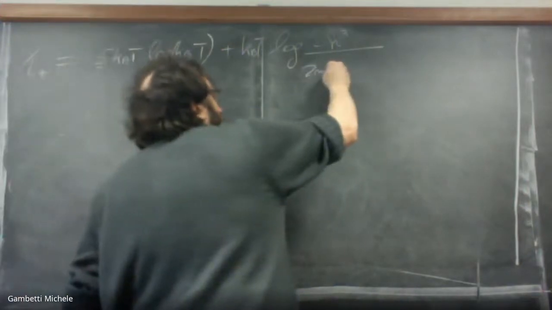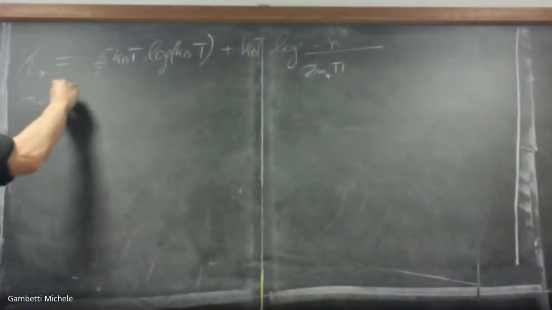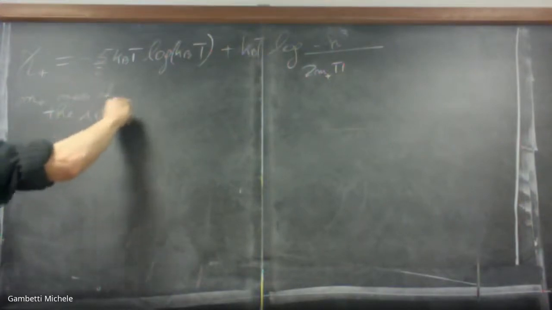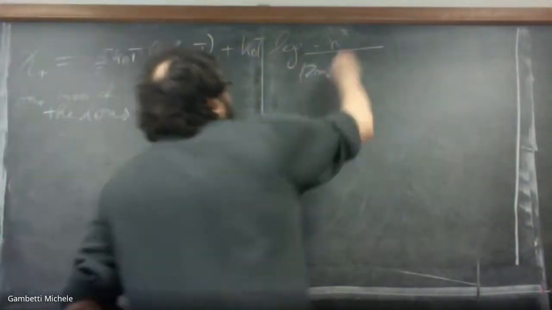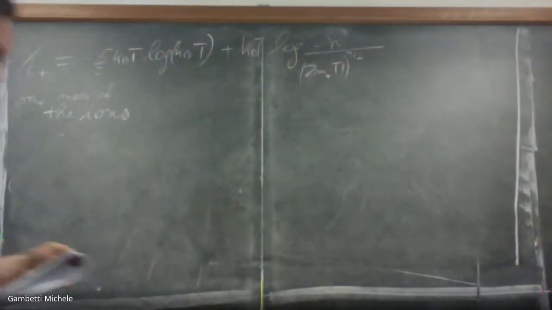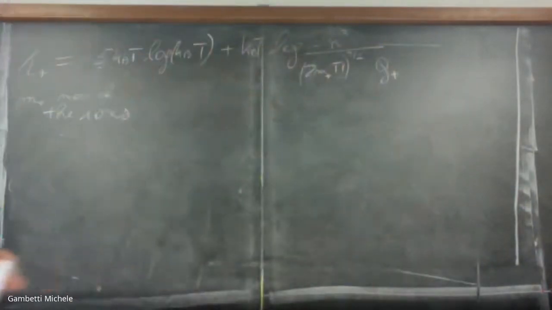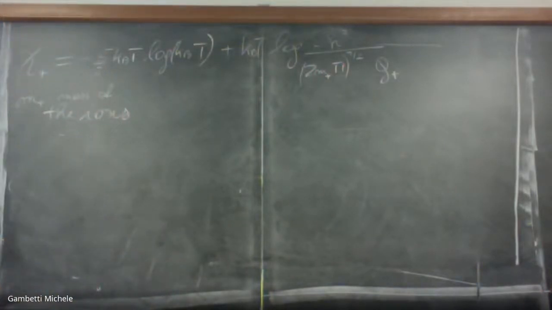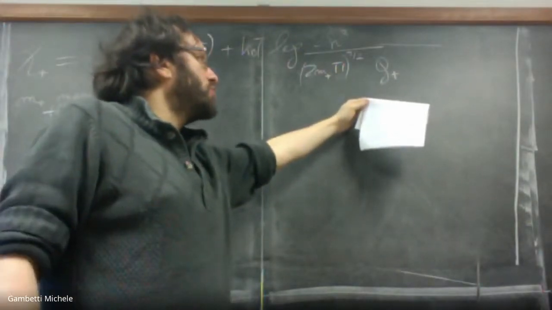Let me call it m plus, where m plus is the mass of the ions, all to the power of 3/2. And then I have the degeneracy again, G plus, the degeneracy of this ionized atom that I will not specify. I will take it as a parameter that I can change.